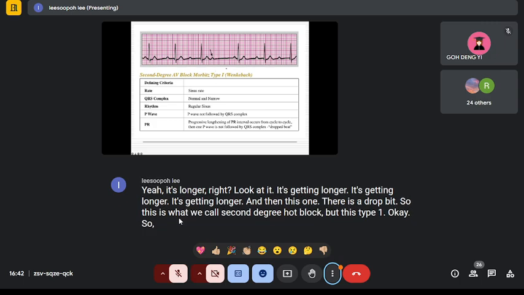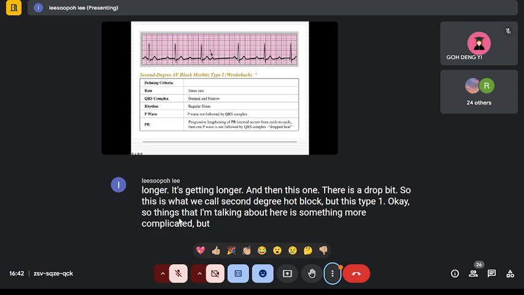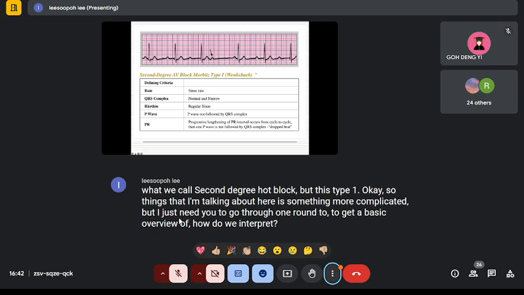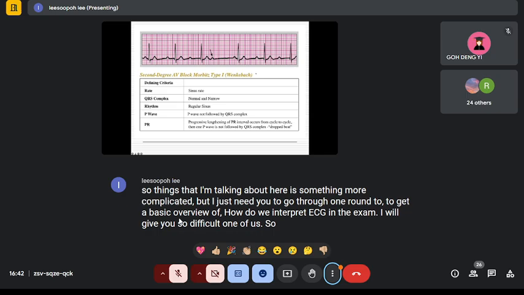Okay. So the things I'm talking about here are more complicated, but I just need you to go through one round to get a basic overview of how we interpret an ECG. In the exam, I won't give you such a difficult one. This is what we call Mobitz type 1.